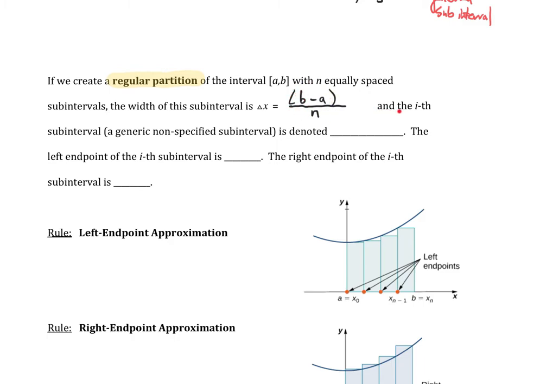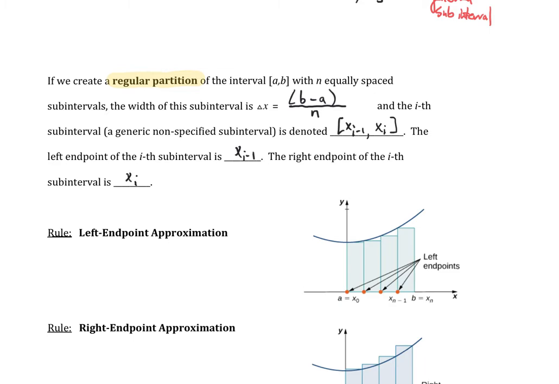Okay. Now the ith subinterval, or some generic non-specified subinterval, is denoted x sub i minus 1, x sub i. So we had mentioned that earlier up above. All right. The left endpoint of the ith subinterval is x sub i minus 1, and the right endpoint of the ith subinterval is x sub i.